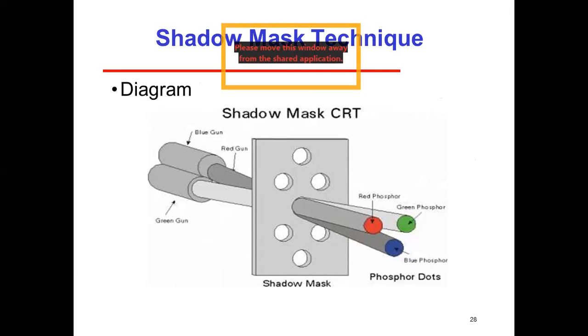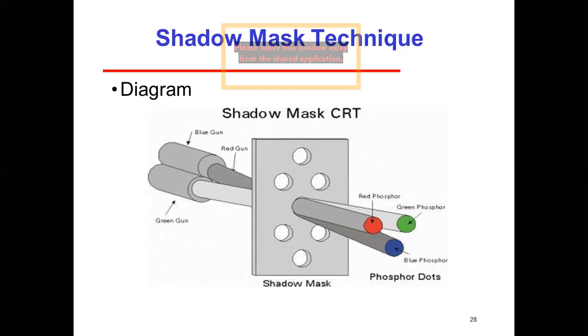So again, we used the shadow mask technique. There are 3 guns, and in the shadow mask technique we are getting 3 dots with the help of the phosphor. Sometimes these are also called phosphor dots: blue, green and red.